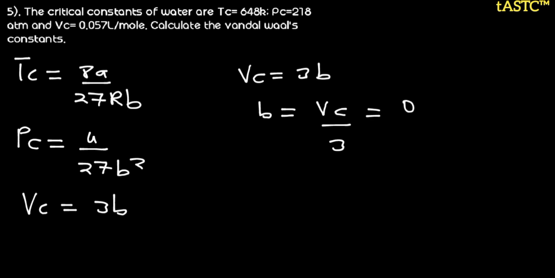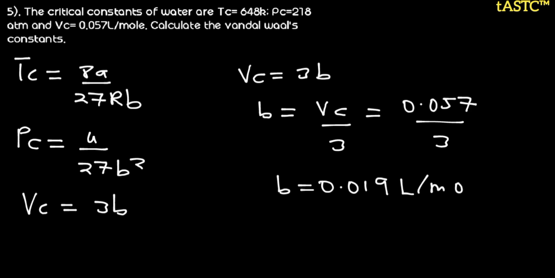Now, Vc is 0.057, so this will be divided by 3. So let us see what that is going to give. So 0.057 divided by 3 gives us 0.019. Now that is going to be liter per mole.